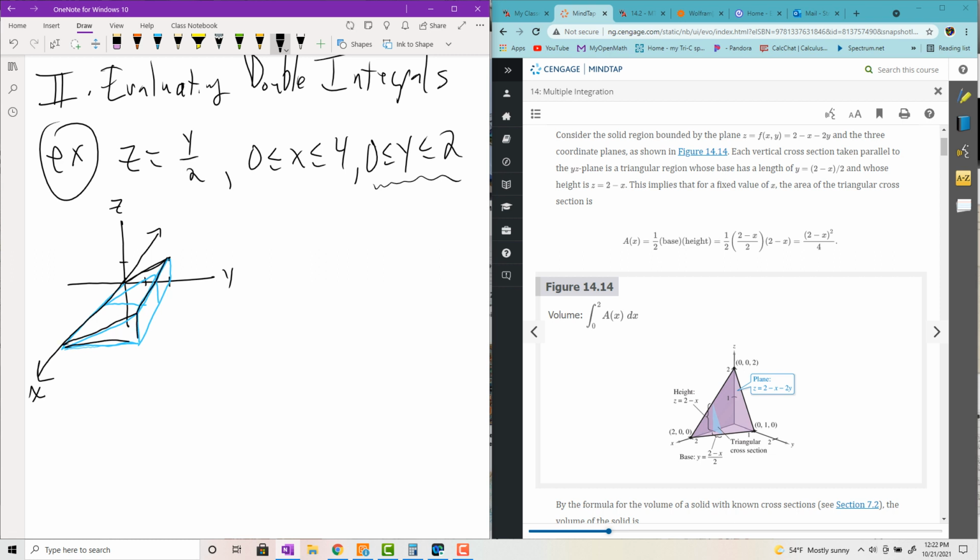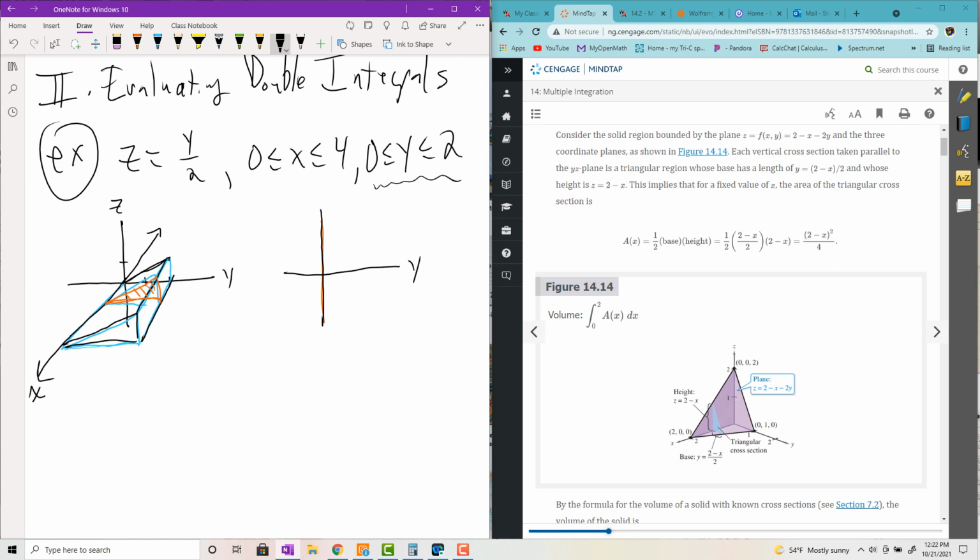Right. All right. What the book is going to try to sell you on is that you can evaluate it by first figuring out the area of this triangle and then adding up the area of that triangle as you vary on the x-axis from 0 to 4. Okay, so first you have to get the area of that red triangle. So again, in the YZ plane, we can produce an integral that will give us a formula for that area, right?